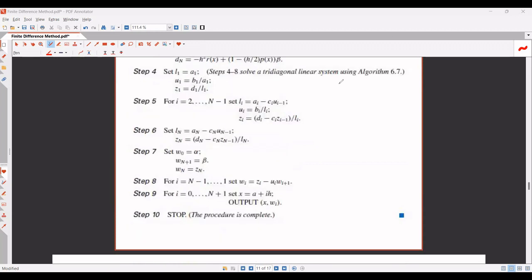So this is the algorithm that does exactly that. So get the L and U's and solve for the system to get Wi, and those Wi's are actually the y values at the grid points xi. So this is how the system actually works.